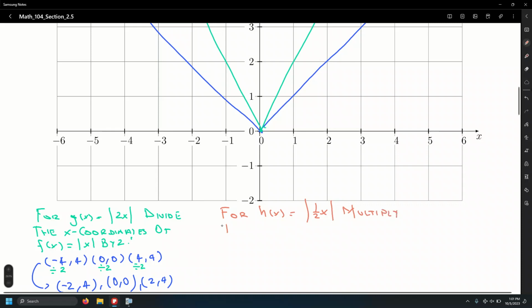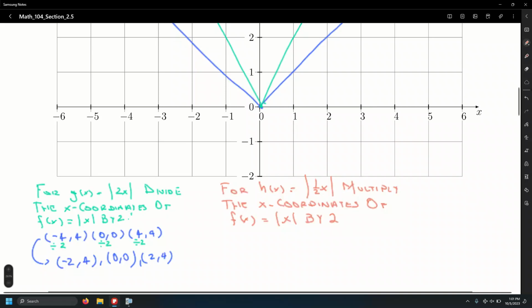Multiply the x coordinate of f of x equals the absolute value of x by 2. Right?